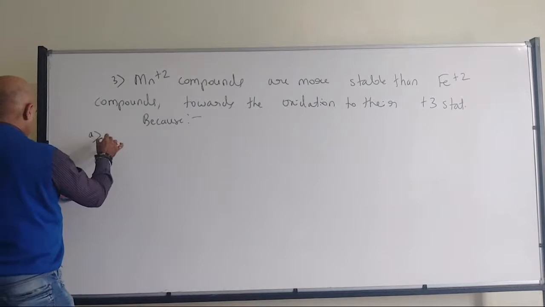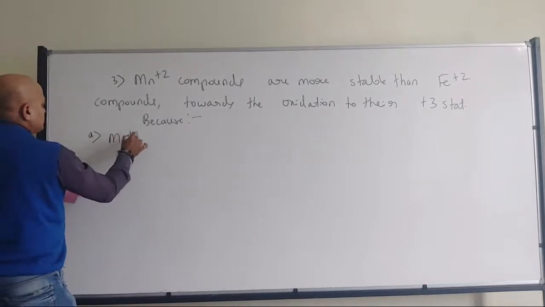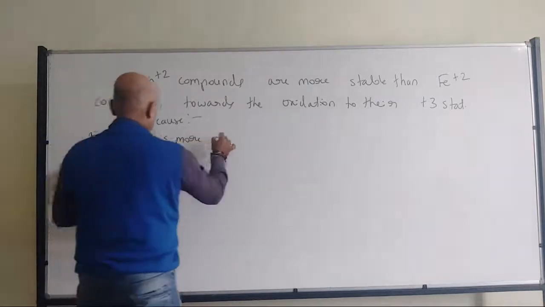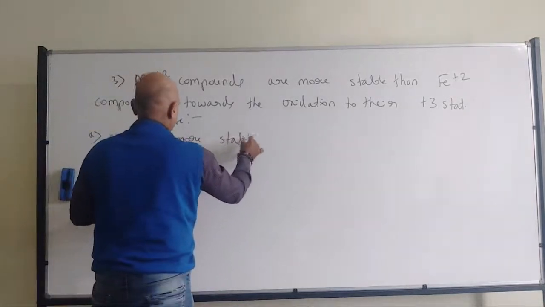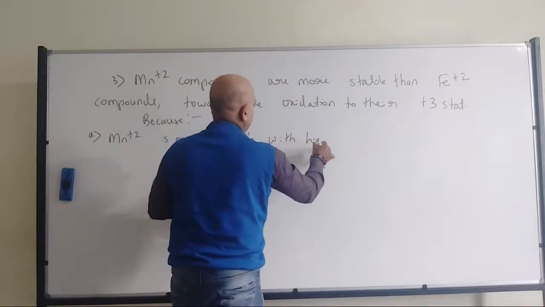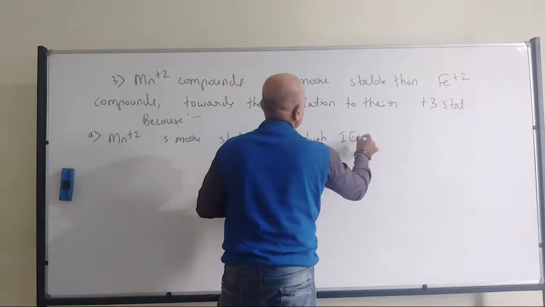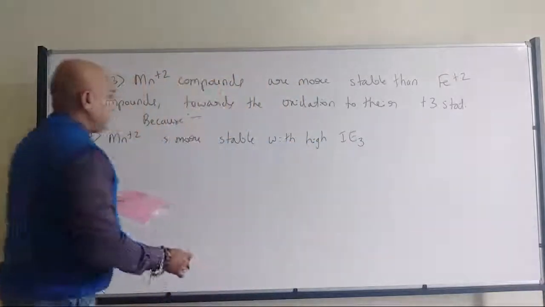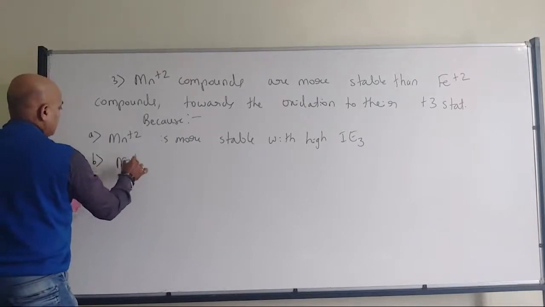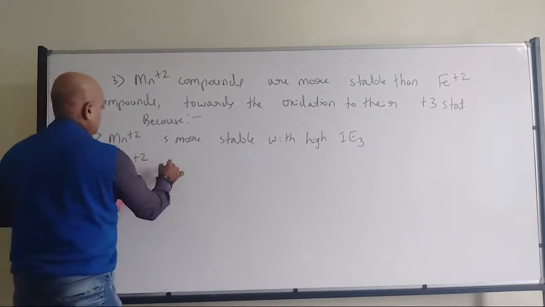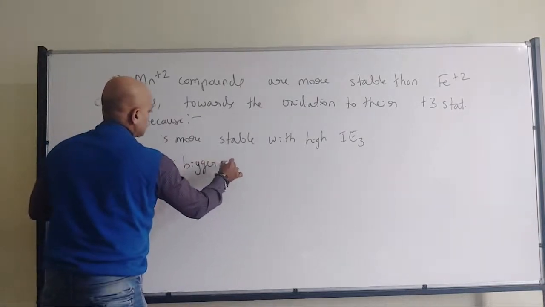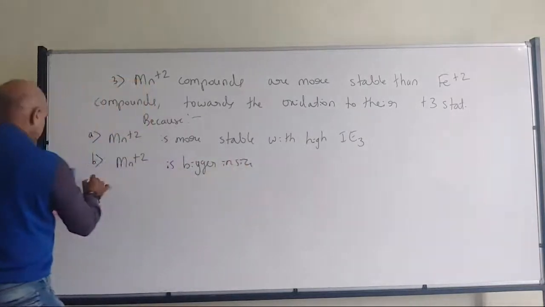Option A, Mn plus 2 is more stable with high ionization enthalpy. That means third ionization enthalpy. Option B, manganese plus 2 is bigger in size.